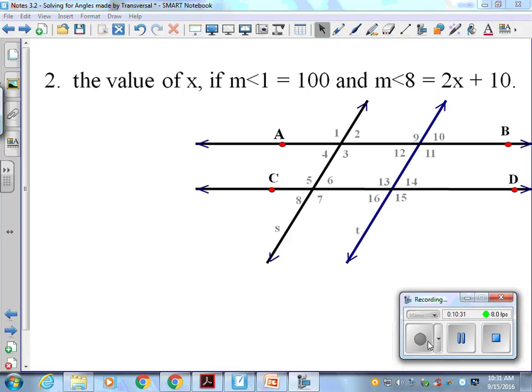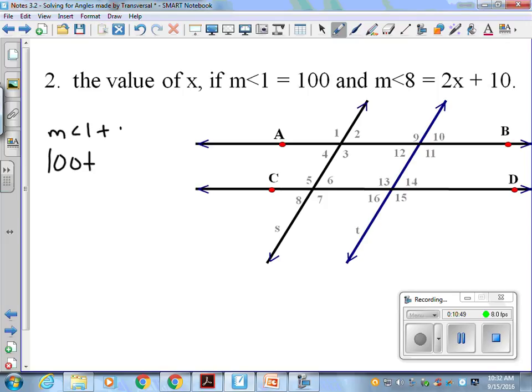Same side exterior, because this one's acute and this one's obtuse up here at 1. So therefore, they have to add up to 180, right? So we say the measure of angle 1 plus the measure of angle 8 equals 180.